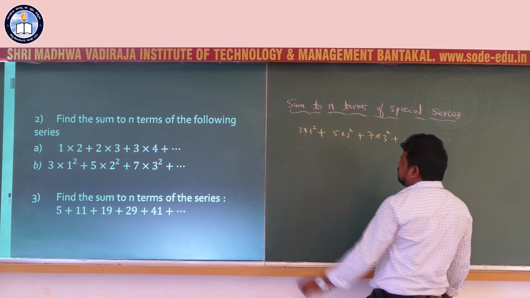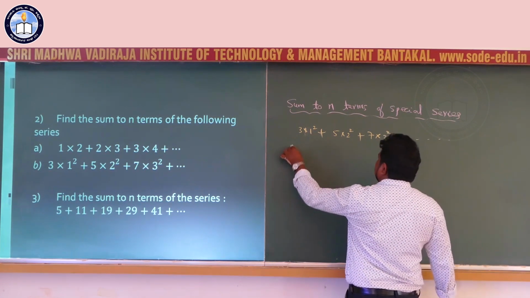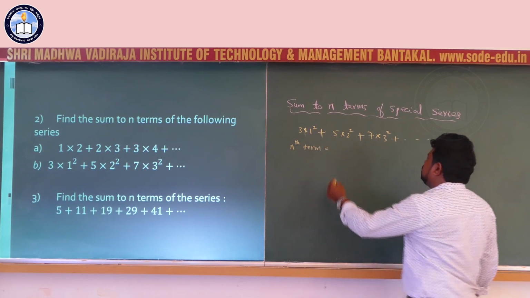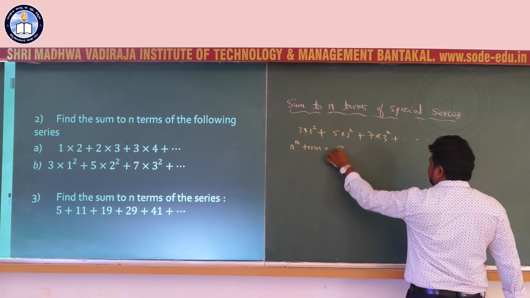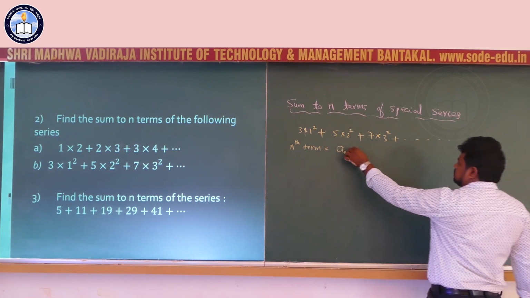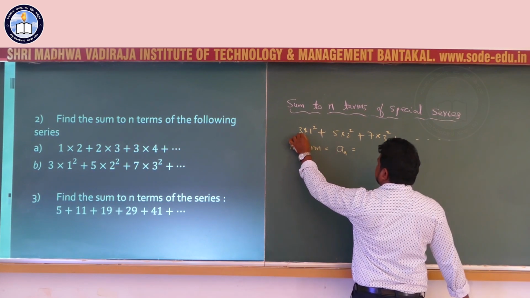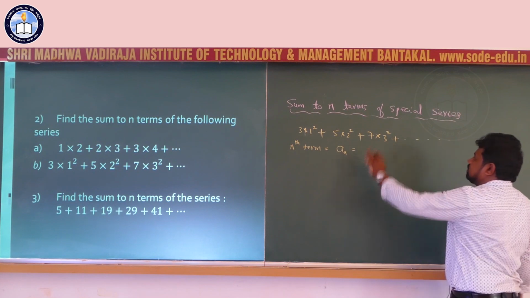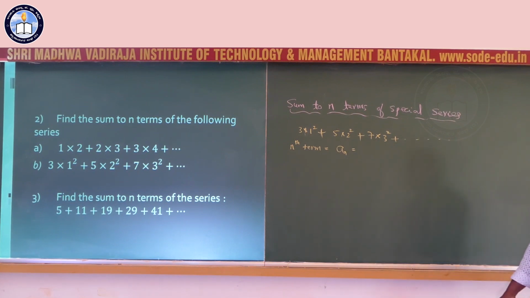Here nth term can be written as nth term of the series, an or Tn. See here, first term 3 into 1 square, second term 5 into 2 square, third term 7 into 3 square.